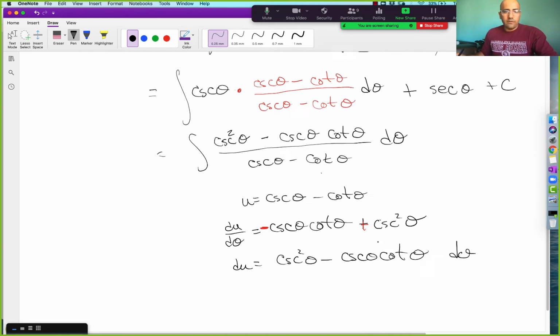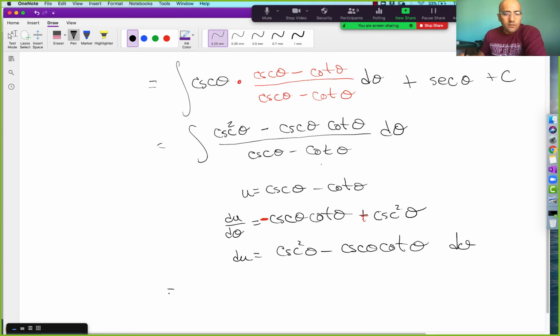Okay, so now if I make that substitution, I don't know why I had a brain fart there, we end up with that. And then this whole thing in the numerator becomes my new du. Okay, so then this whole thing up here becomes my new du.